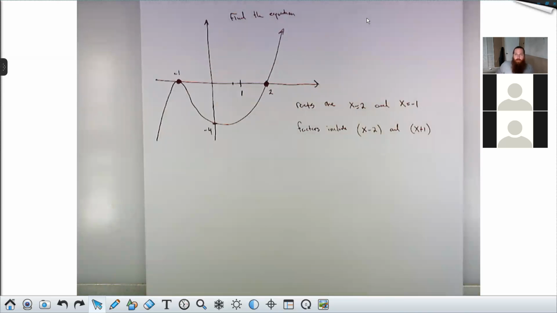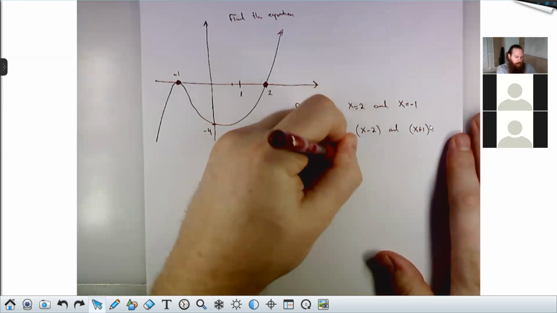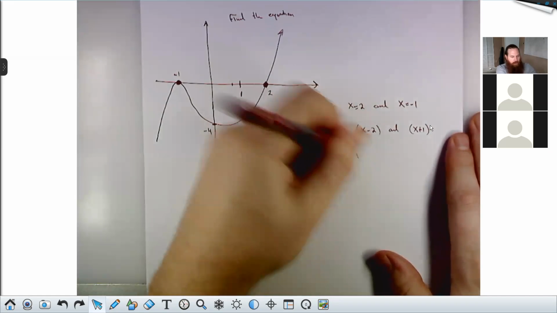But there's something else that you need to infer here. What's the multiplicity of the root at negative 1, or what is the least possible multiplicity? Yeah, we bounce off the x-axis there. So we know that the multiplicity of the root here is even, which means that this has to be like x plus 1 squared. So this guy could be multiplicity 1.